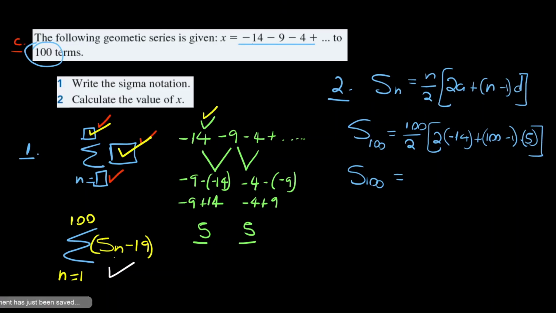Just grab our calculator and punch everything in, and you should get the total sum value. The total sum value that we get is 23,350. And that will be the sum of 100 terms of the series. And that will be the answer, and the end of the lesson.